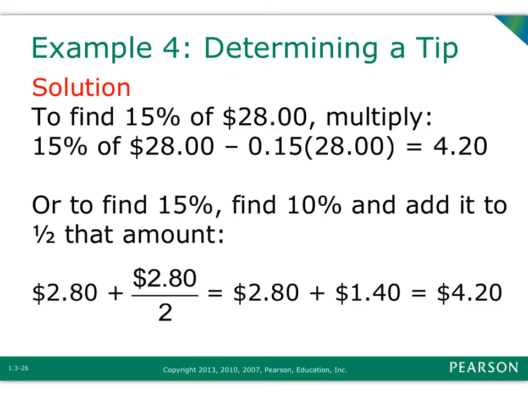If he doesn't have a calculator, he can first find the 10% amount and then just add half of the 10% amount on to make the 15%. So it's 2.80 plus a half of 2.80, which is 280 plus 140, which is 420.